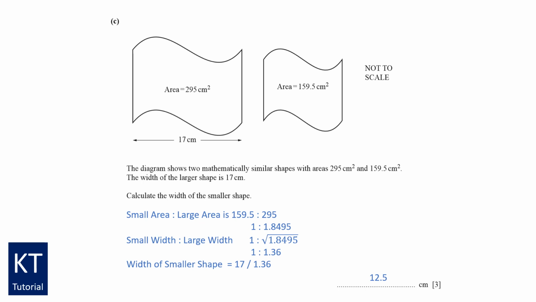Next, you want to re-represent the ratio to start with 1, with the second now being 1.8495. In converting a ratio from its area to its width, the ratio now becomes 1 to the square root of 1.8495, which is equivalent to 1.36. The required width is therefore 17 divided by 1.36.